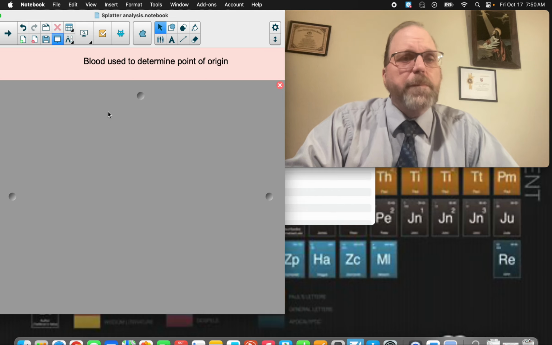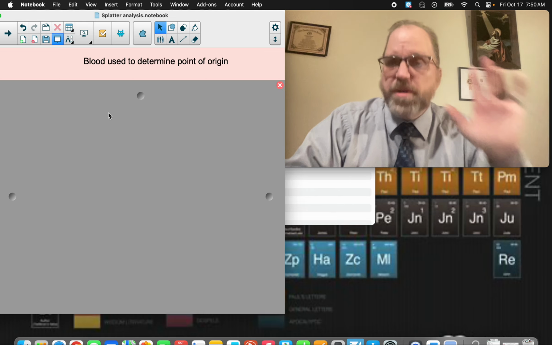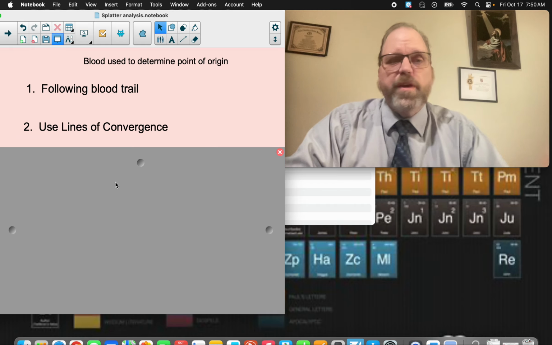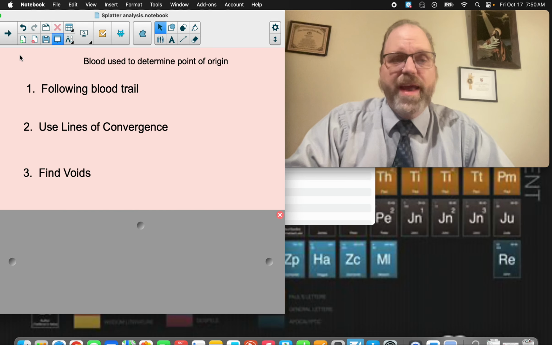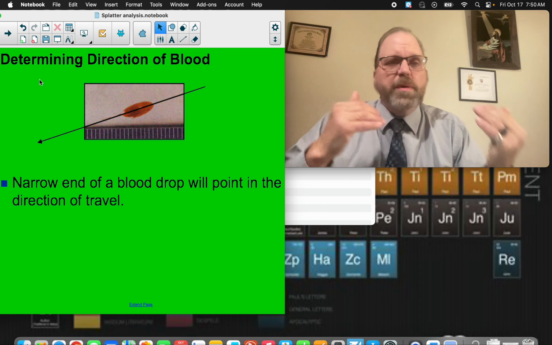Now, blood can be used to determine points of origin using 3 main things. First of all, following the blood trail, then using what are called lines of convergence, and lastly, identifying what is called a void. Let's go through each of these. First, determine the direction of the blood.